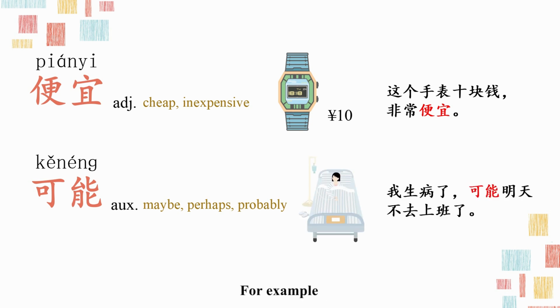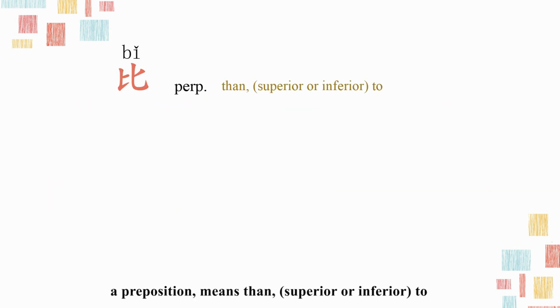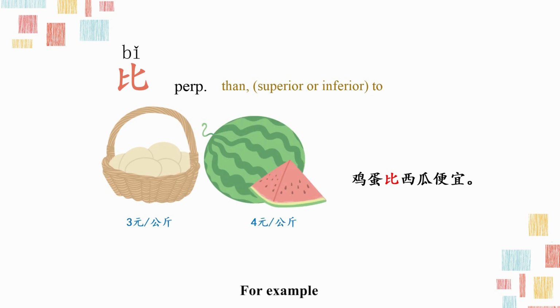For example, 我生病了，可能明天不去上班了。 I am sick. I may not be able to go to work tomorrow. 比, a preposition, means than, superior or inferior to. For example, 鸡蛋比西瓜便宜。 The eggs are cheaper than watermelons.